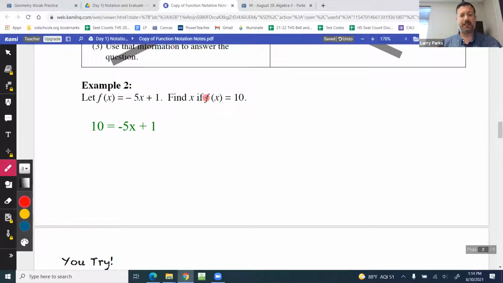So I just took this 10 and plugged it in, substituted it for f of x. And that's how I got this 10 here. So when does 10 equal negative 5x plus 1?